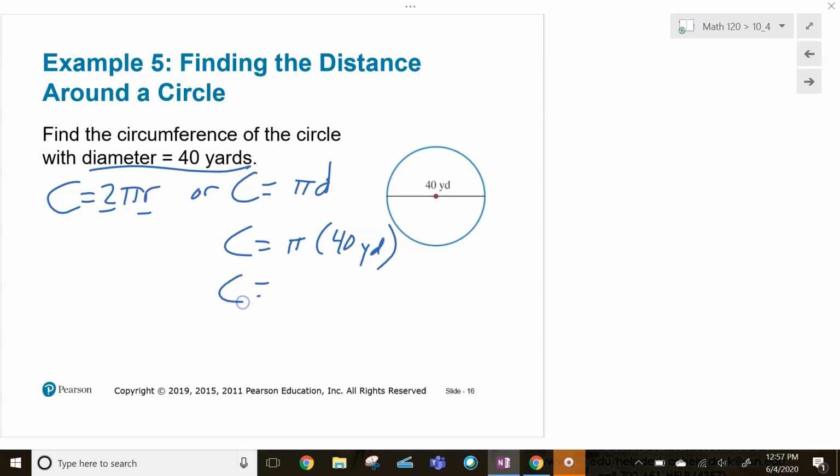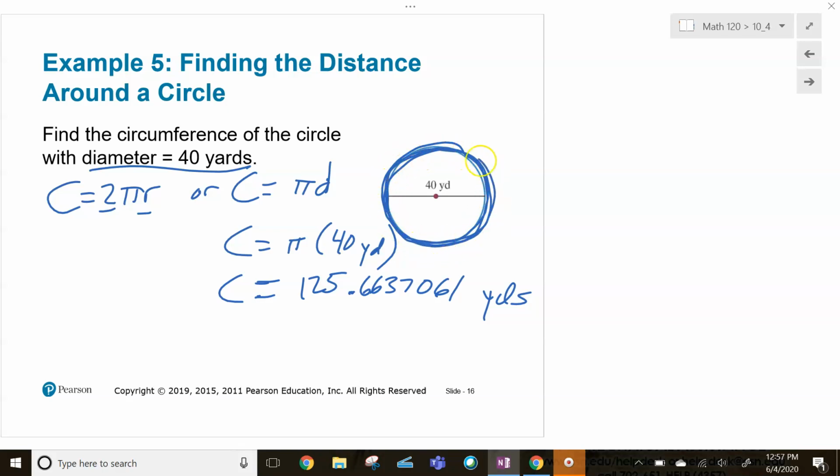Punch in 40 pi using the pi button on your calculator, and you get 125.663706, and this keeps going. Yards, right? And that's the circumference. That's representing how many yards is around the circle.